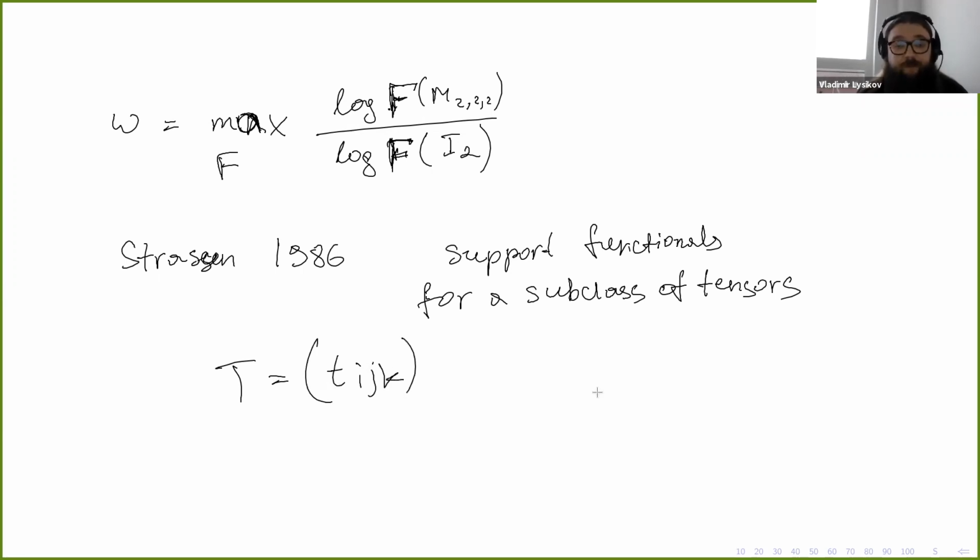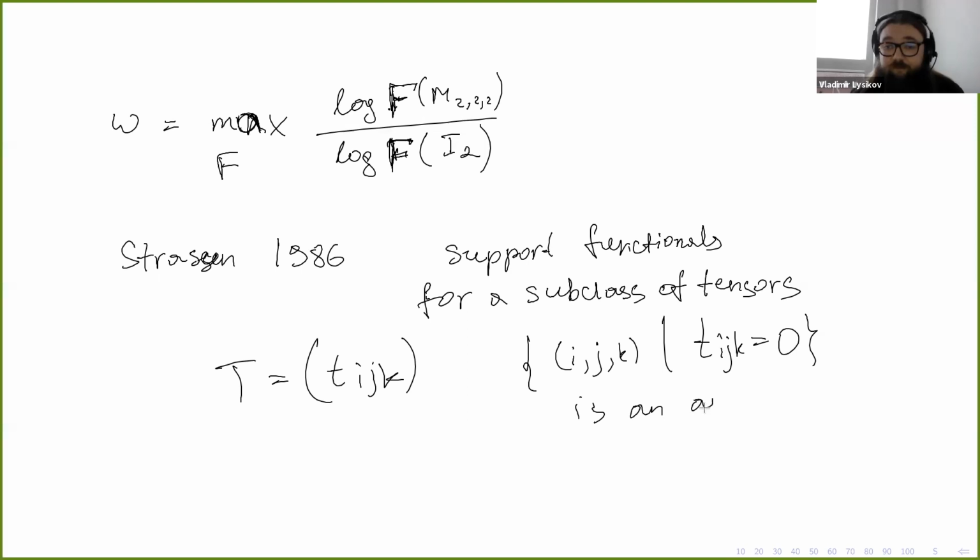A tensor T_ijk, in some basis, the set of all indices such that the coordinates are non-zero is an anti-chain in the partial order, which is defined by some order on each individual index.